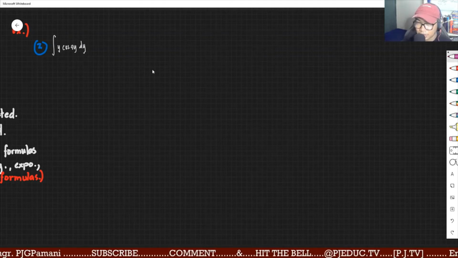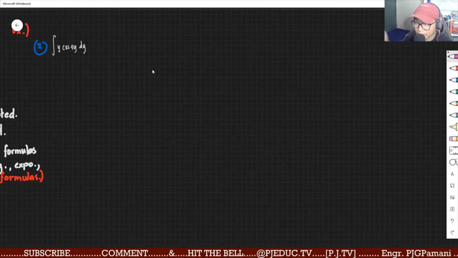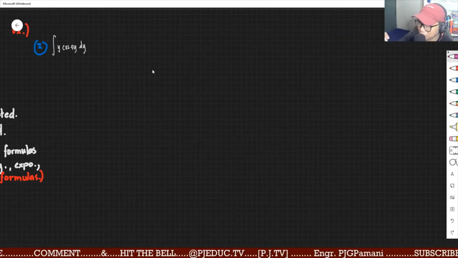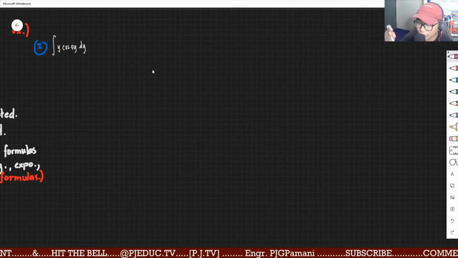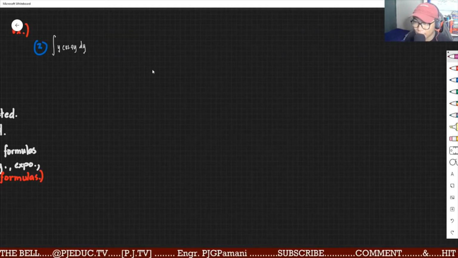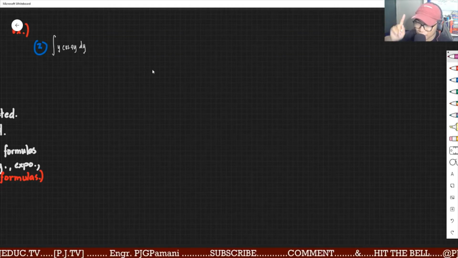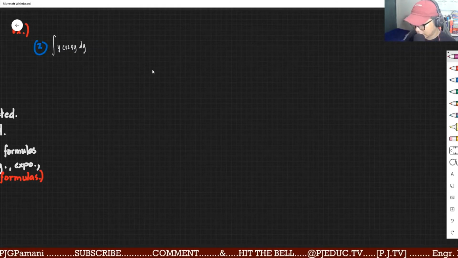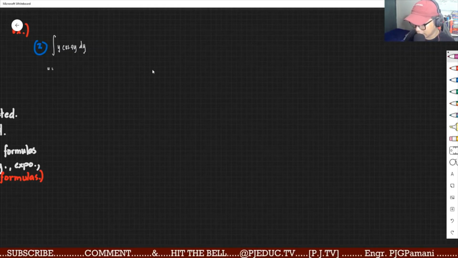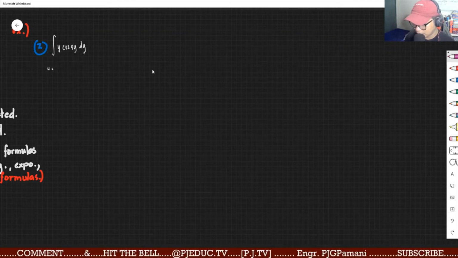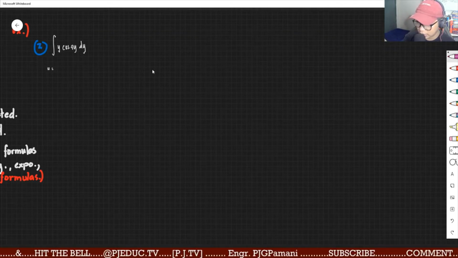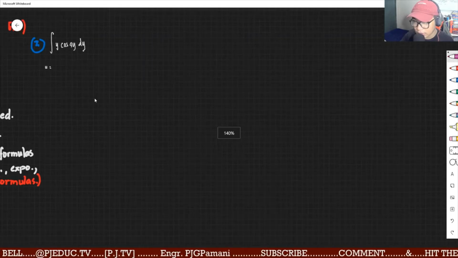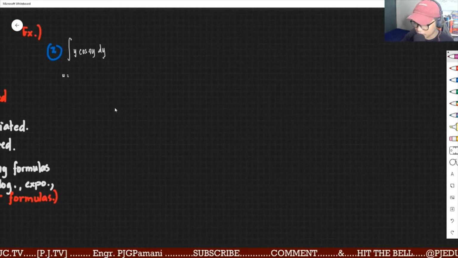As simple as this, as given in this problem, mapapansin mo na kung ano yung function u mo at inyong function dv. Alam mo na kung saan function or term ang pwedeng mag-end sa 0. So, consider u. Anong gagamitin nating u?